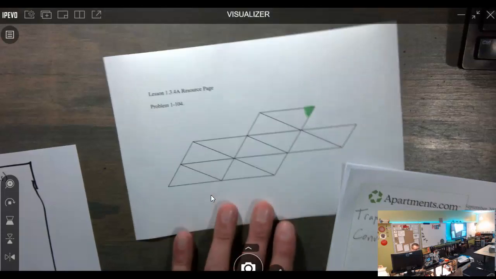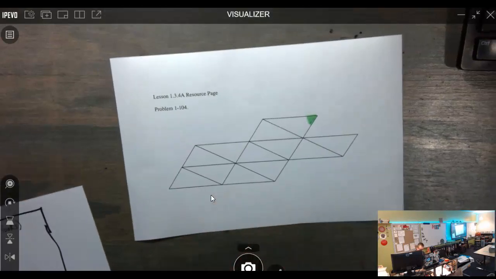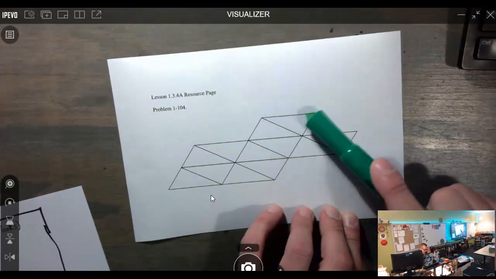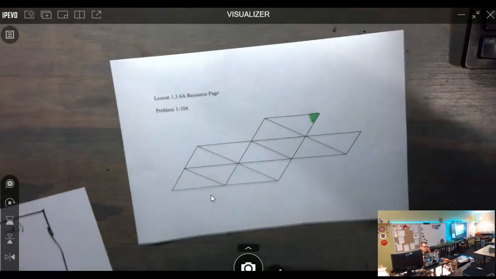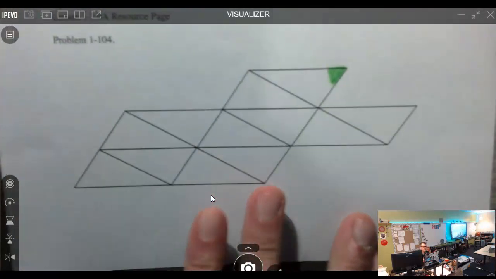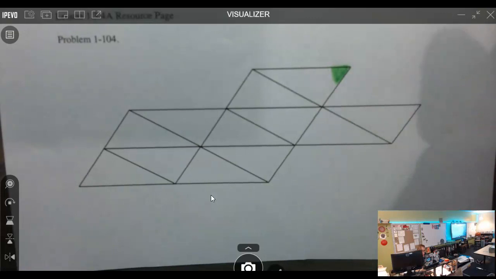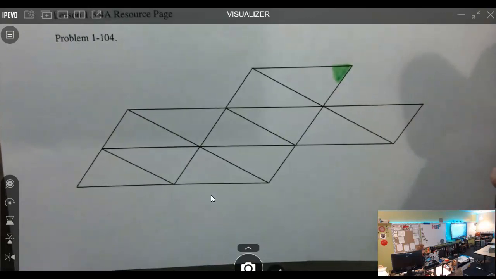So, just initially gut reaction, would there be any other angles inside of this upper triangle that would be equal to our green angle? No. How could I find an equal angle to that green? Where could I go? What could I look for?